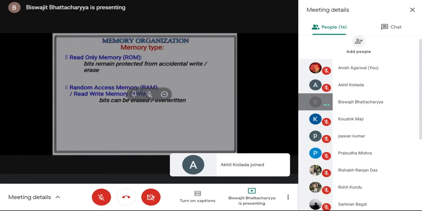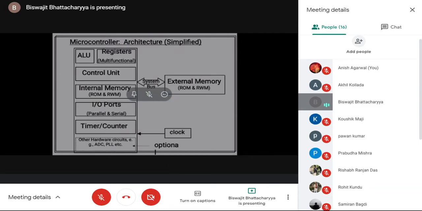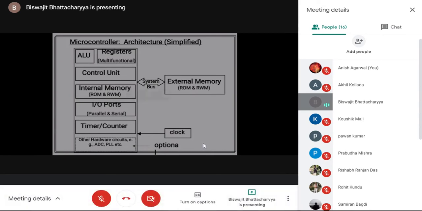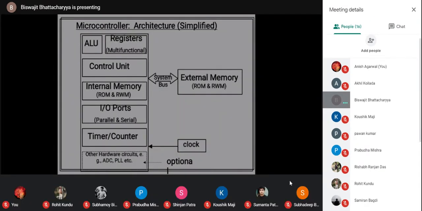So we have completed discussion up to that particular slide. One thing we know, whether it is a microprocessor or microcontroller, there are two types of memories: the ROM and RAM.